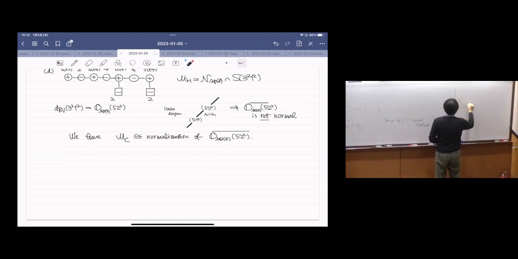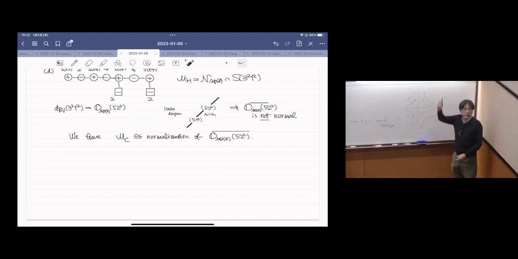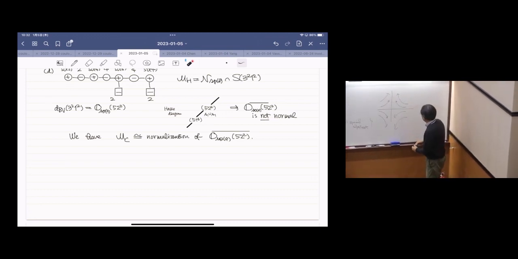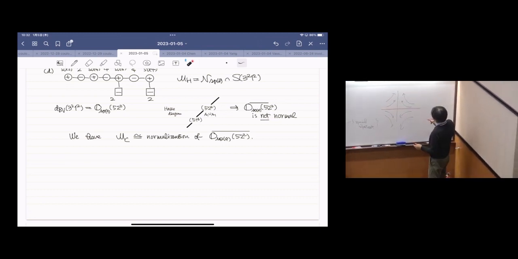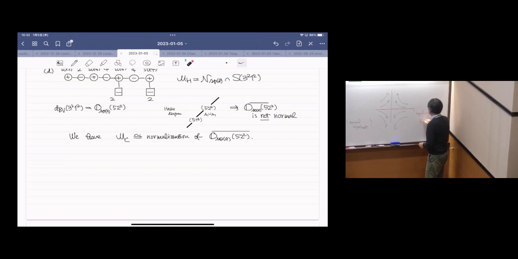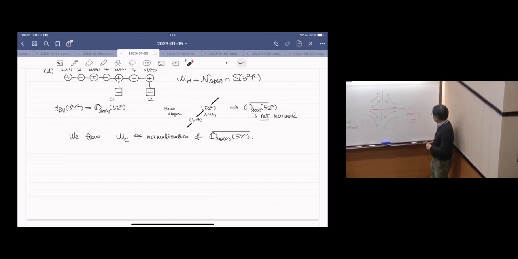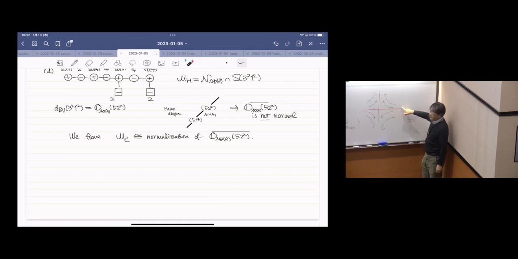So the flow is going like this. Most of the points go to infinity under the flow. But if this is on this axis, maybe I'm confused with attracting and repelling set, but if you take a point on this axis, under the flow it stays, and it converges to the origin, right?